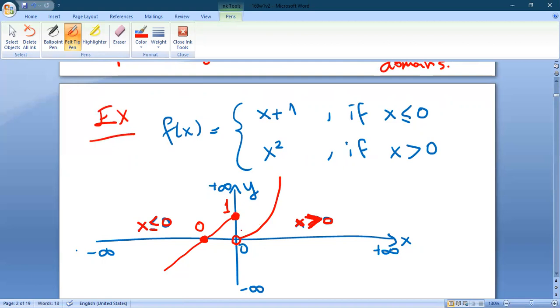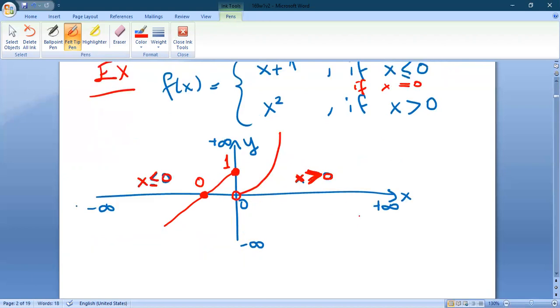I keep an empty circle here because it's not defined as 0 at 0. Because look at this part. If x is 0, still it's x plus 1, so it is equal to 1. If x is 0, 0 plus 1 is 1. So the function gives the value 1. But if it is a little bit bigger than 0, then it's going to give this parabola graph. Okay, so this is a piecewise defined function.